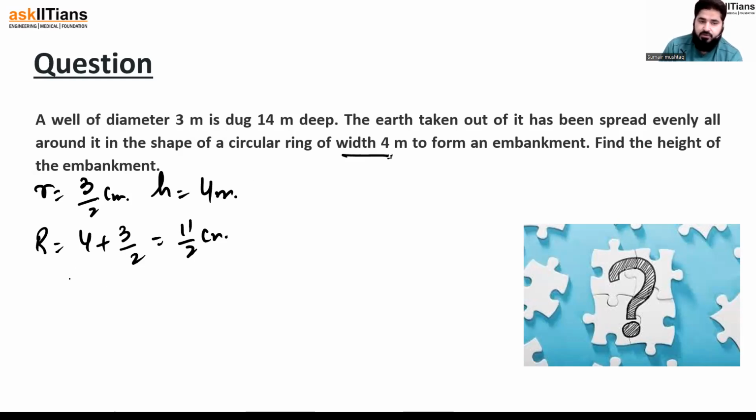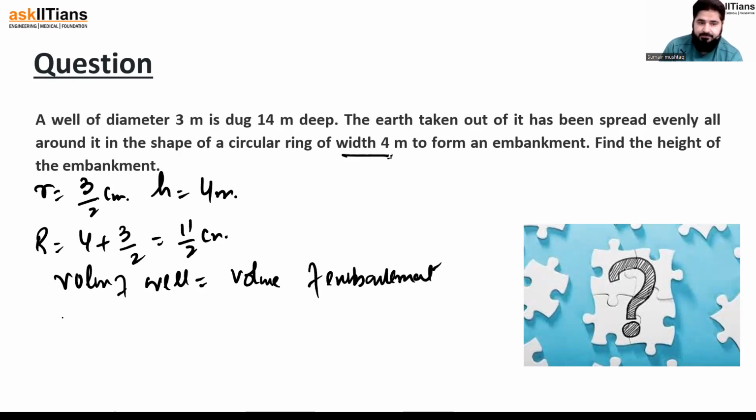How is it given? What is the volume of the well? Volume of the well is equal to the volume of the embankment. What is the volume of the well? Pi r square, that is (3 by 2) whole square, into h, that is 14.